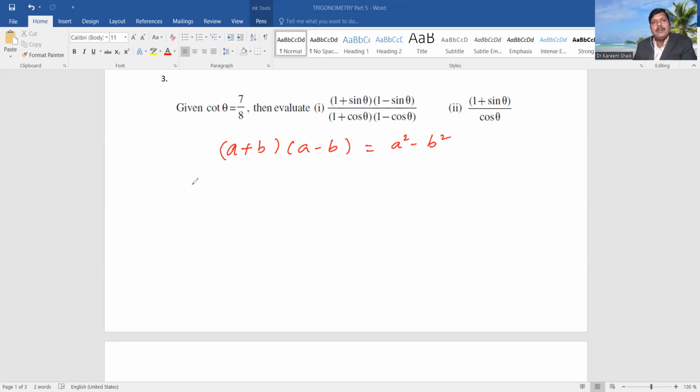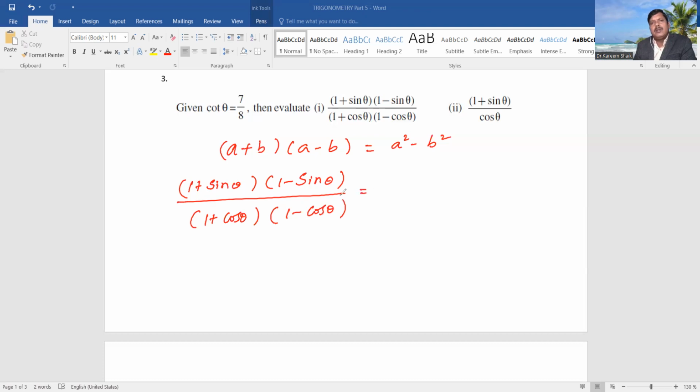By applying that, (1 plus sin theta) times (1 minus sin theta) upon (1 plus cos theta) times (1 minus cos theta) equals a plus b into a minus b. Here a is 1, b is sin theta. So we got 1 square minus sin square theta upon 1 square minus cos square theta.